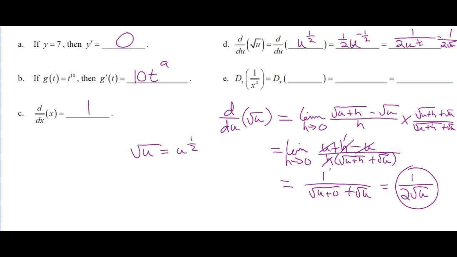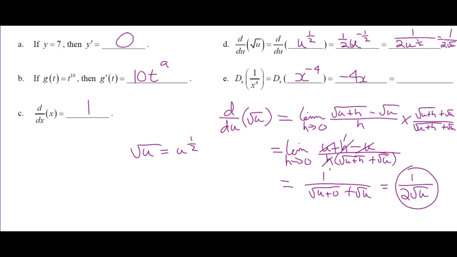What's next? D sub x, you're not going to see that a lot, but d sub x of 1 over x to the 4th. So what should we do with that? Let's write it as x to the power of -4, because we know how to deal with the power rule, which says if you have x to the n, does it work with negatives? Well, what would you do?